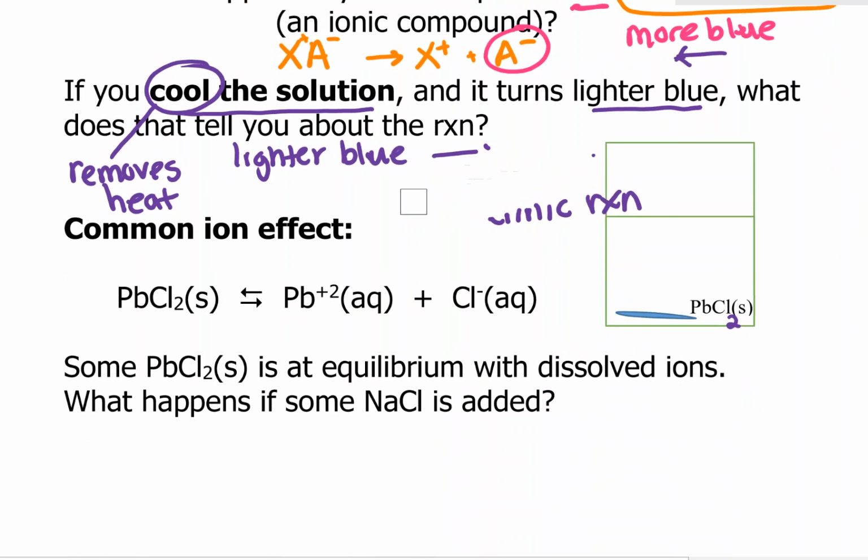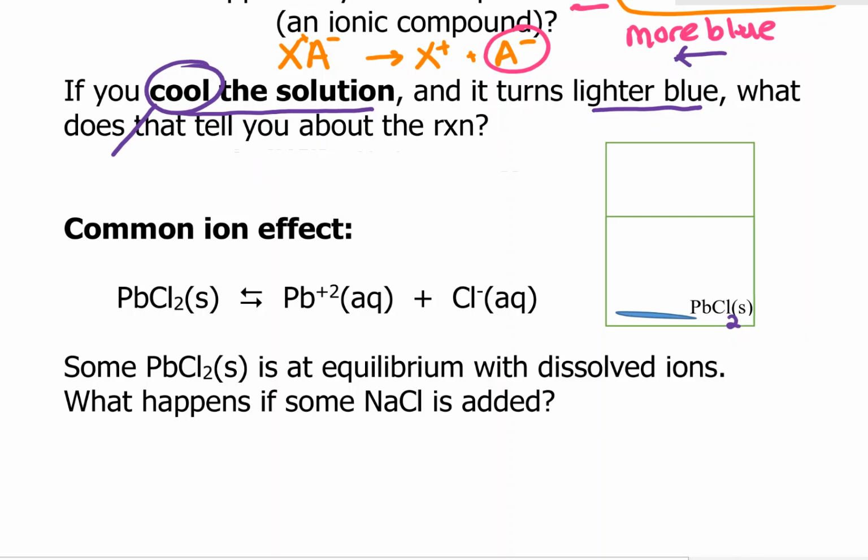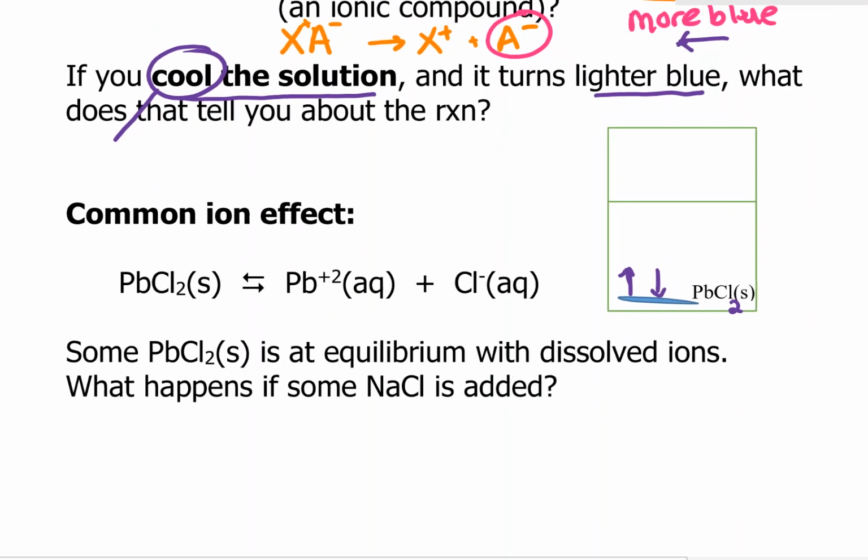Okay, let's look at another example with this compound that's not very water soluble, lead 2 chloride. Lead 2 chloride, when you put it in water, it mainly doesn't dissolve, but there are some of these ions floating around in equilibrium, just not very many at all. But it's there. And so what if we added some sodium chloride? So sodium chloride, when you put it in water, it is very water soluble.